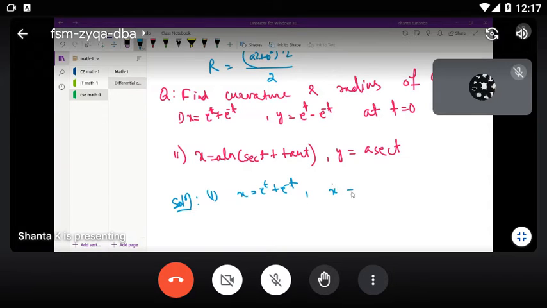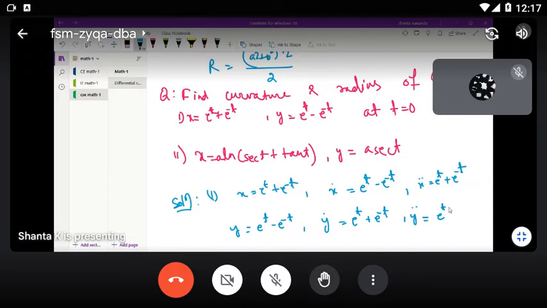So x dot and x double dot, and y will be... Excuse me, ma'am, I made a mistake.